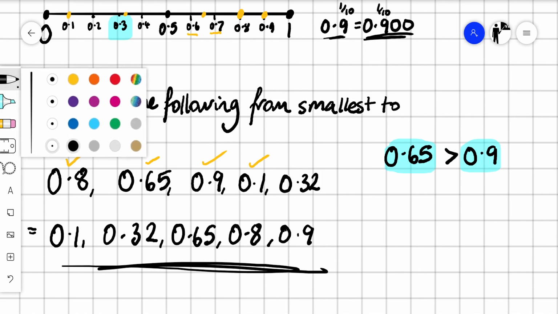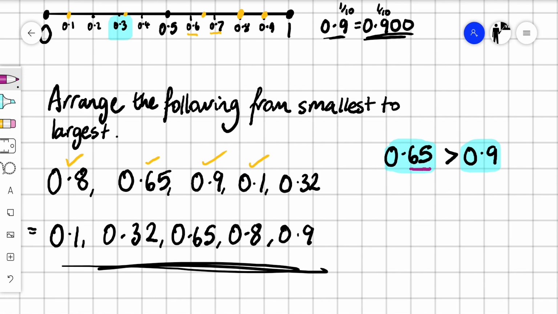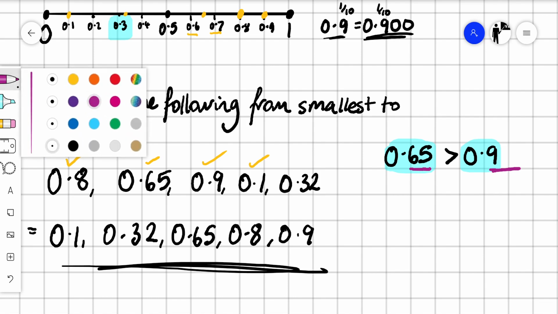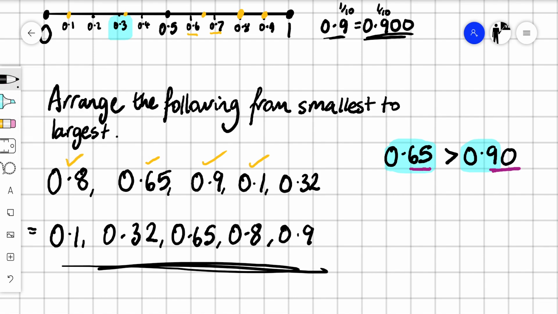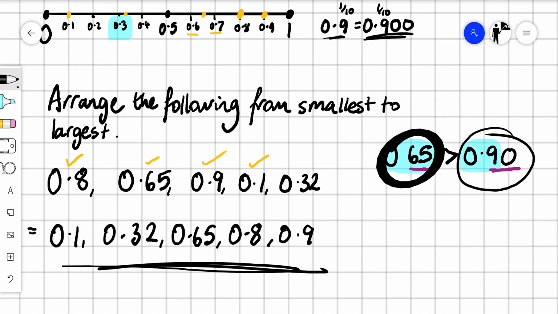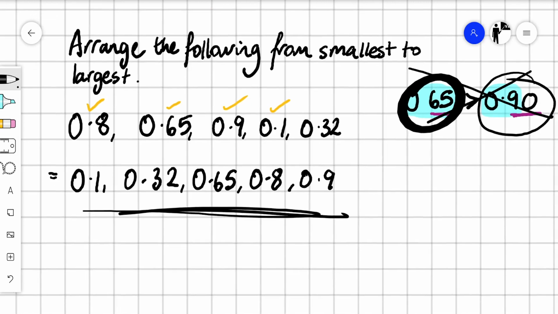But both of these numbers have a different number of decimal places. If we want to compare numbers, we want them to have the same number of decimal places. And if we recall, 0.9 is the same as 0.90. We can see then clearly that 0.65 is not bigger than 0.90.